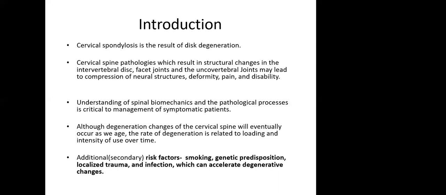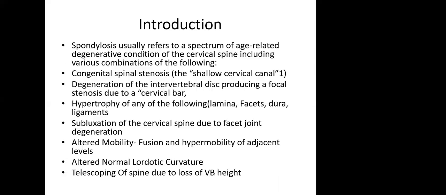The changes that occur, usually as we age, our cervical spines will eventually degenerate. However, increase in mechanical loading and other stressors can actually accentuate this condition. Additional risk factors like smoking, genetic predisposition, localized trauma, and infection can also accelerate these degenerative changes.